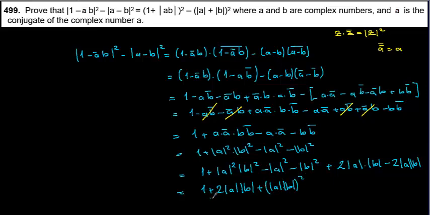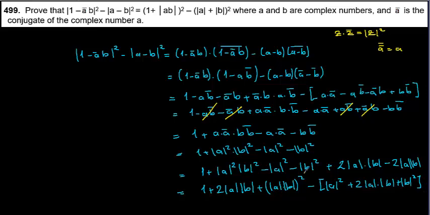If I say this is x, it is 1 plus 2x plus x square. And the second term in parentheses, with minus, because all the other terms are minus A modulus square, minus B modulus square, minus 2 AB modulus, is going to be equal to A modulus square plus 2 times A modulus times B modulus plus B modulus square.